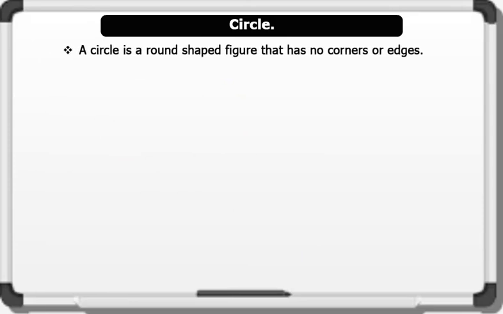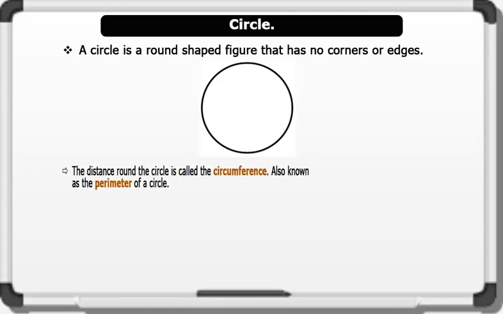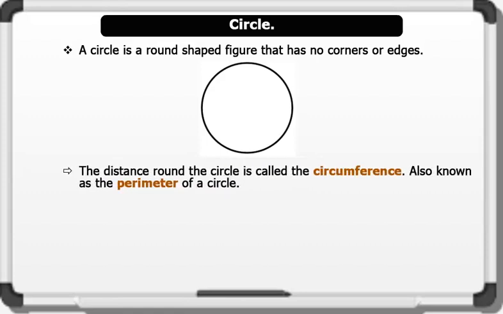Circle. A circle is a round-shaped figure that has no corners or edges. Below is the image of a circle. It is important to note the following about a circle. 1. The distance round the circle is called the circumference, also known as the perimeter of a circle.